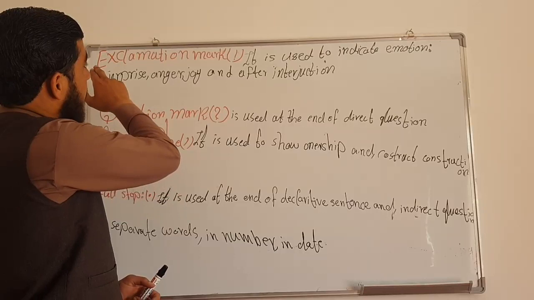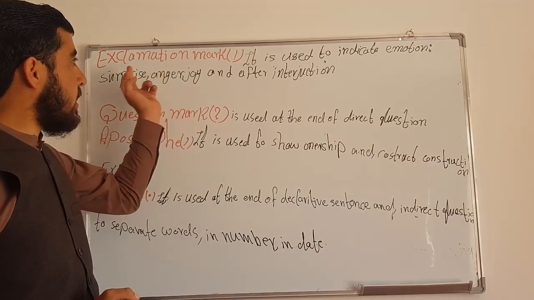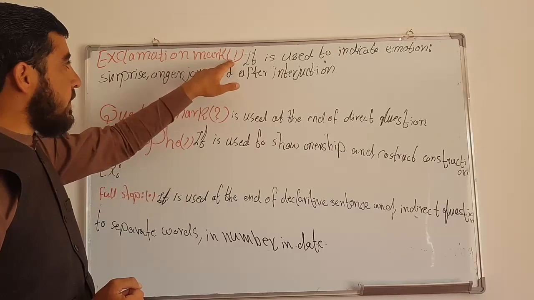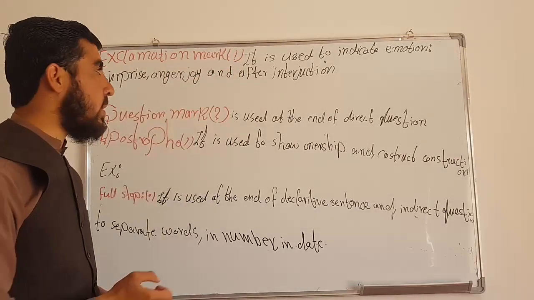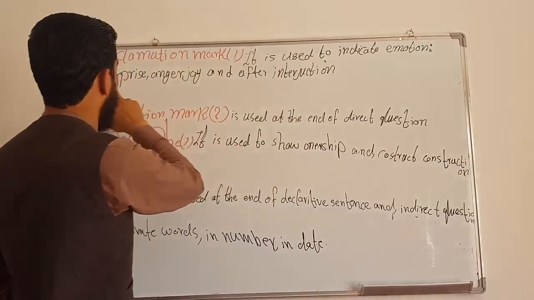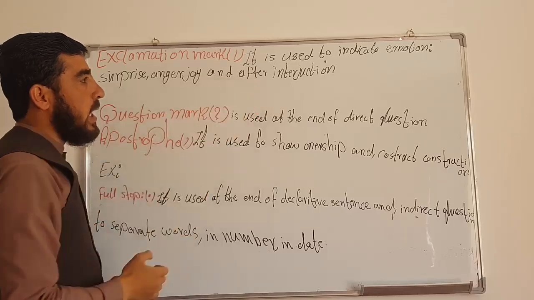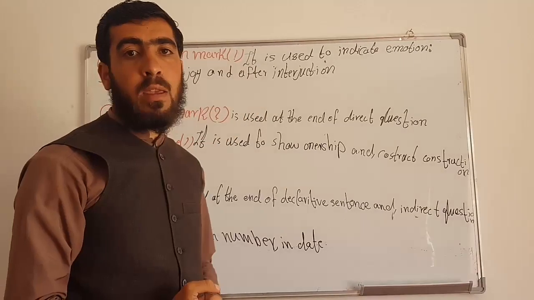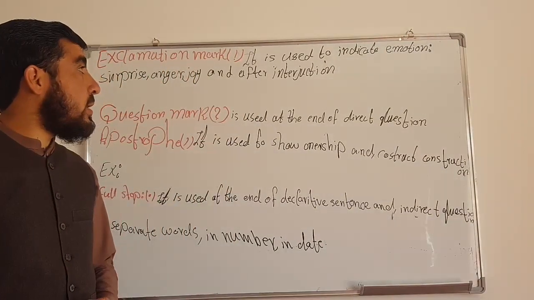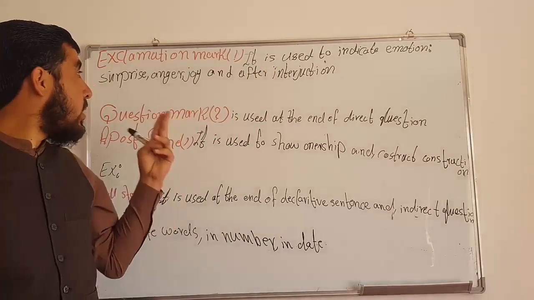And we are talking about the exclamation mark. This kind of sign is called an exclamation mark. It's used to indicate emotion, surprise, anger, joy, and after an interjection. Friends, we can use this to indicate emotion.